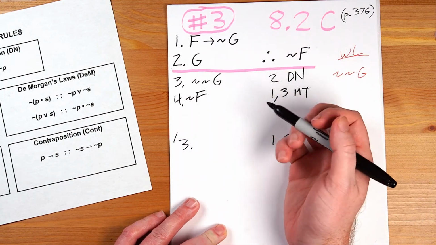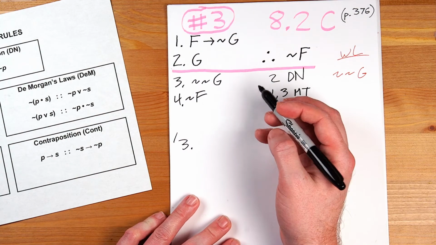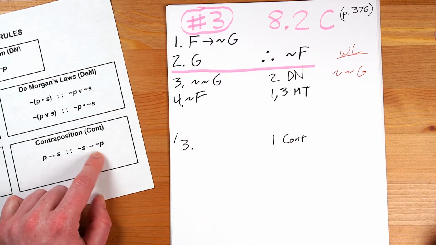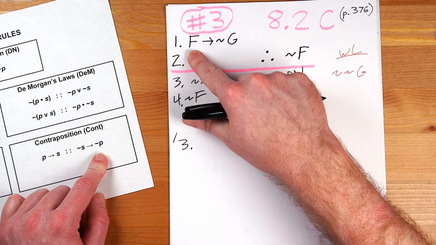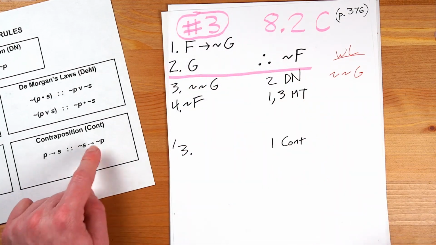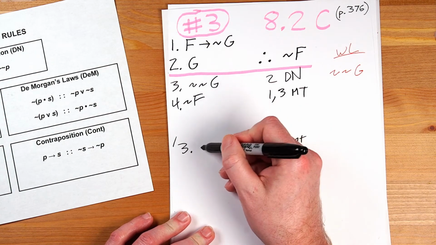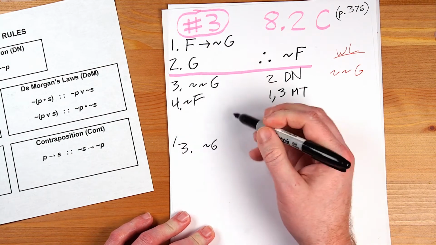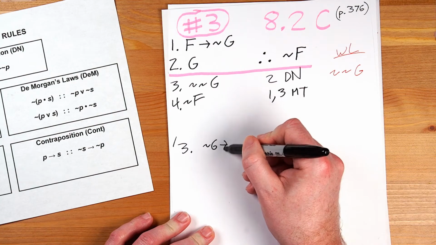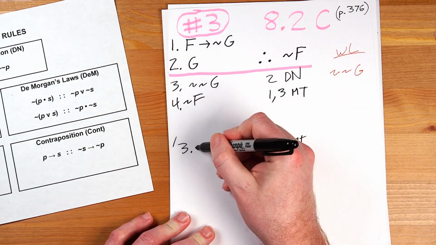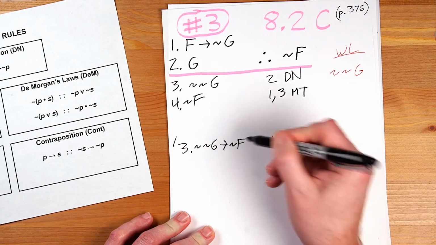That will give us what? We can't go from right to left because we don't have a negation on both sides, but we can go from left to right. So left to right is what? We're going to have not G and F, but we've got to add negations to both sides.